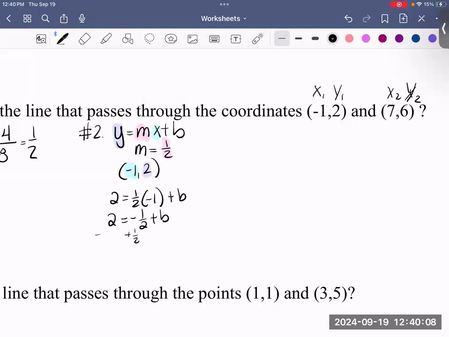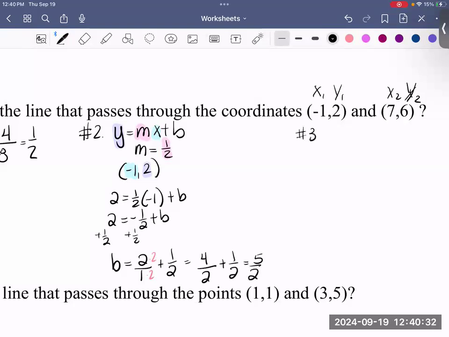Add 1/2 to the other side. B is equal to 2, or 2 over 1, because we're working with fractions. Now we have to combine your fractions, but before we do so, we need a common denominator, this being 2. So we get 4 over 2 plus 1 over 2, making 5 over 2.